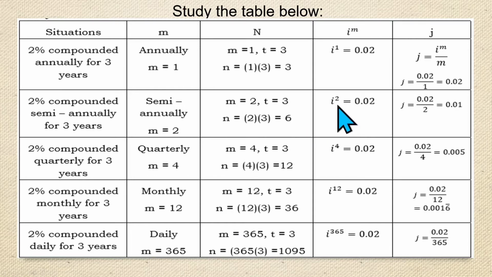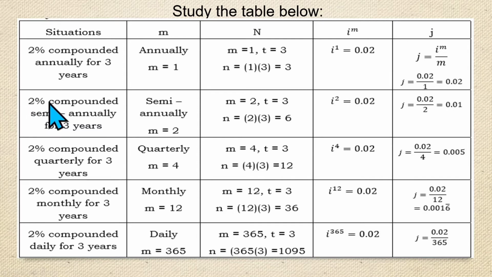Next, I2. So we're going to change m, the equivalent of m, which is 2. The equivalent of I2 is also equal to I1 because on situation number 2, there is the rate of 2%.